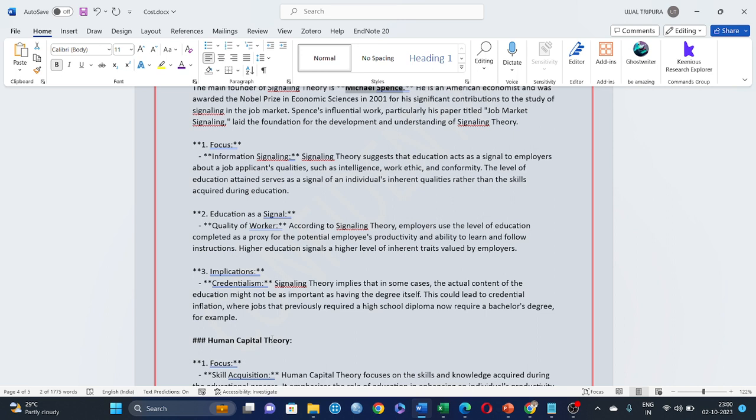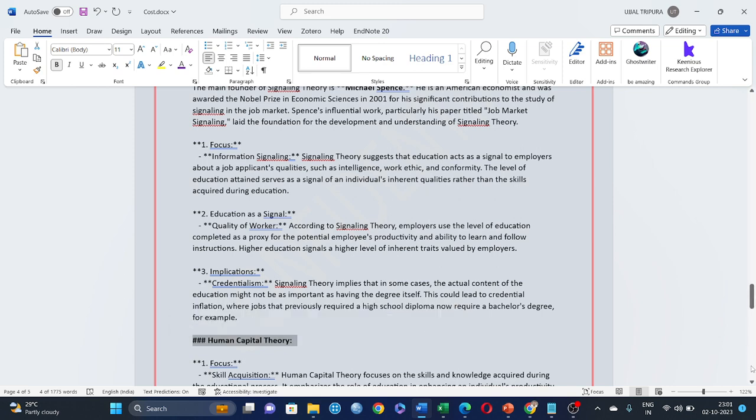Previously with a diploma you could manage, but now you should have at least a bachelor's degree, a BA degree, for teaching. In the earlier Indian education system, to become a primary teacher or higher secondary school teacher you didn't need a BA course, but now it is mandatory. So this is credential inflation. What is actually required may depend on the time.